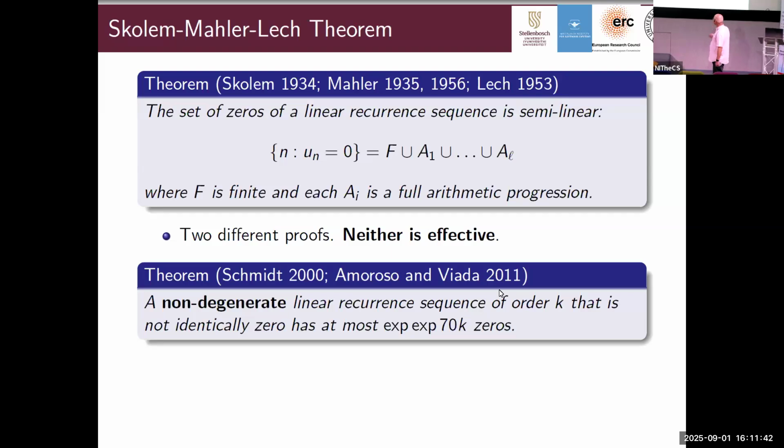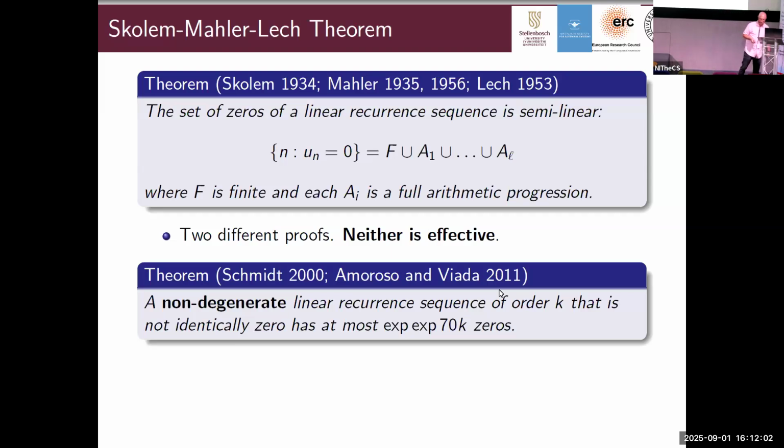That is, if somebody gives you a number k, let's say a sequence of order 10, then that sequence has at most exp to the exp to the 700 zeros. That's a very large number. And that's an improvement, because before it used to be exp of exp of exp of 3k log k.